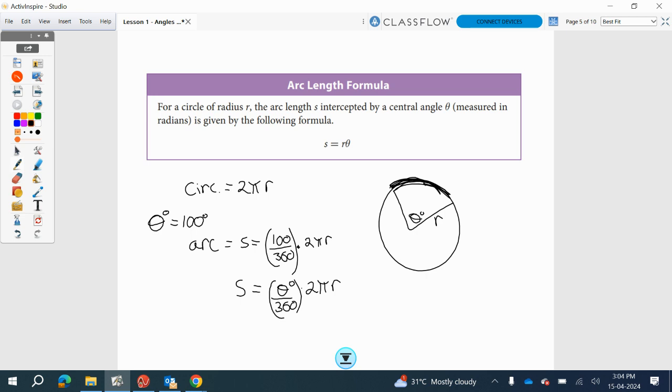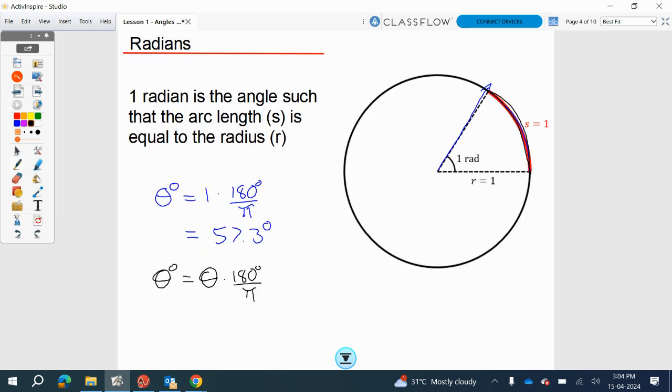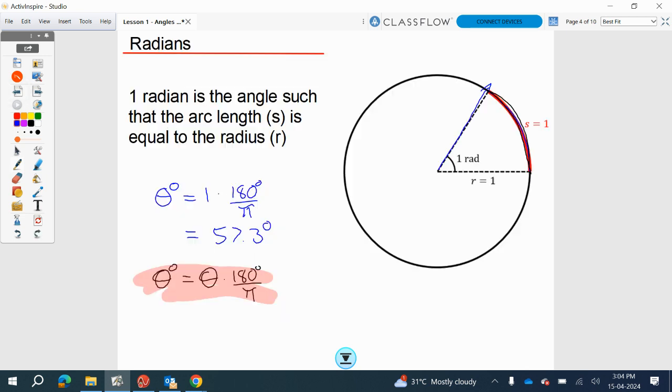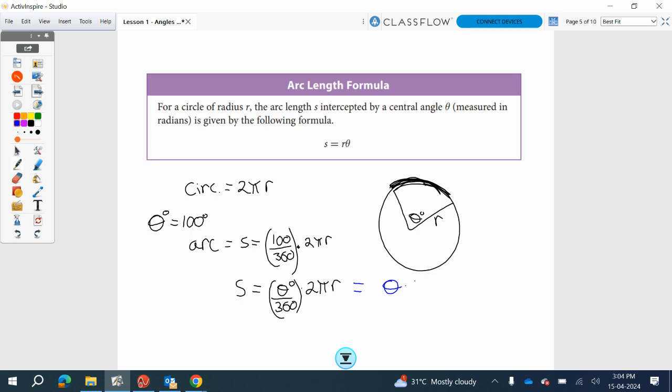It's not a useful formula, but if I go back to the previous page and take this formula here, theta in degrees is theta in radians times 180 over pi. Let's watch what happens. So theta in degrees is theta in radians times 180 over pi, all over 360, and then times the circumference of the circle, 2 pi r.